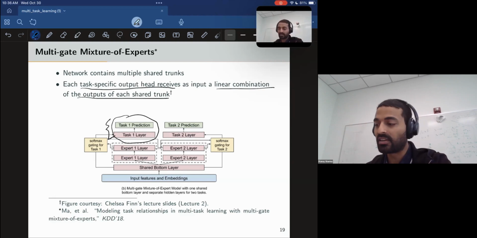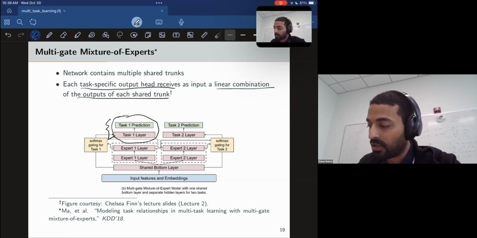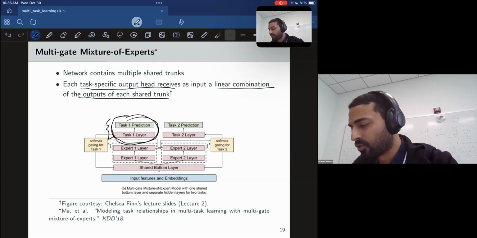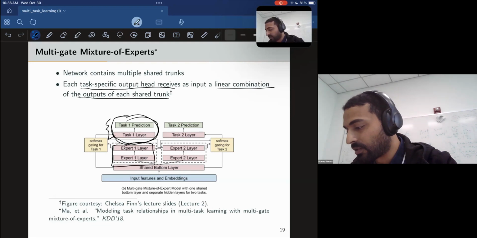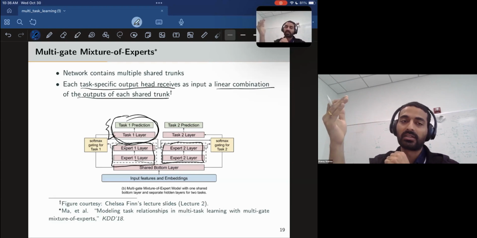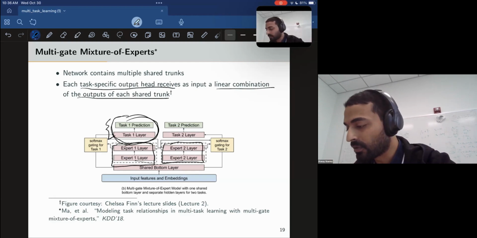In this case, a similar thing is happening, but now you have multiple trunks, and each task specific input to the task specific layers is a separate linear combination. So I think that was a bit confusing. So you look at your different shared trunks, and when computing what should go into the task specific layers, there is a separate mechanism by which you combine these shared trunks for each task, right?